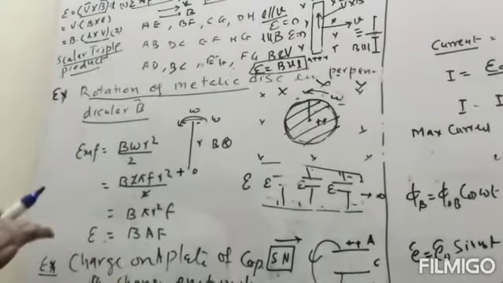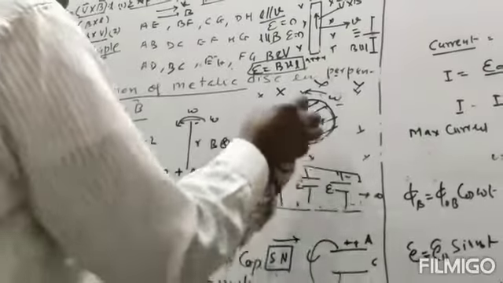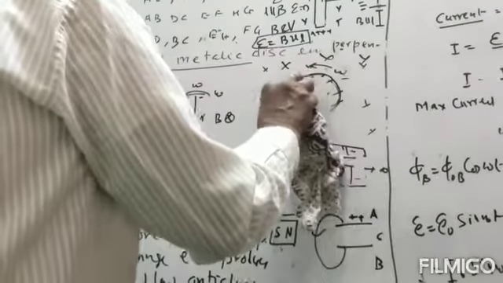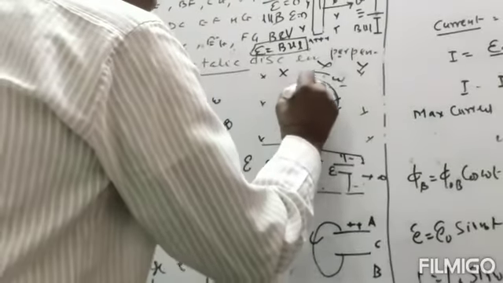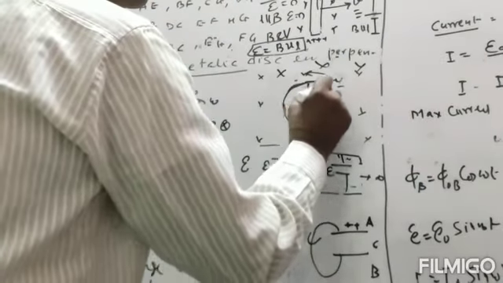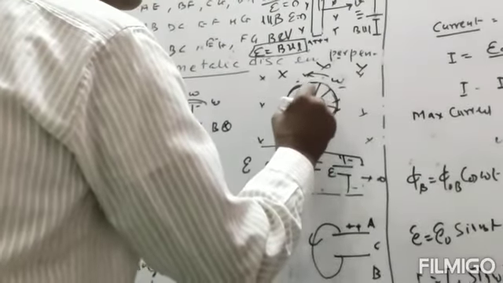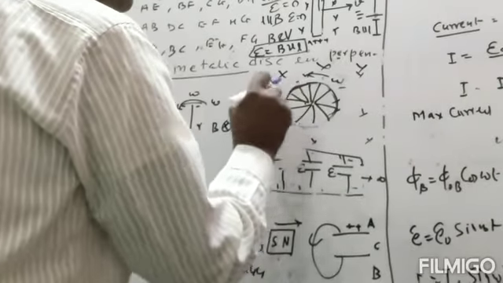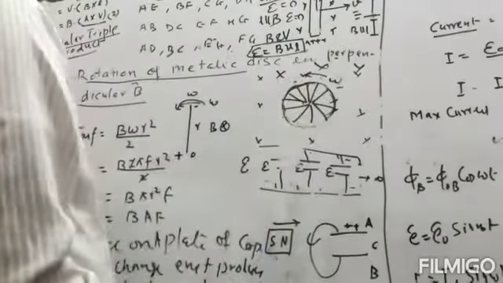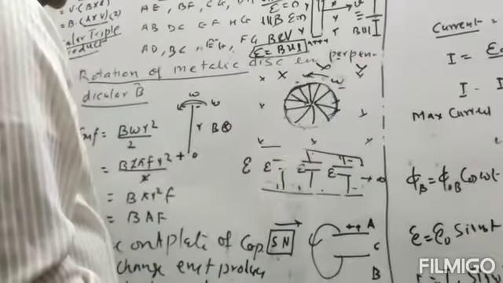So how can we solve it? We can consider that disc as a large number of wires. They are of equal length because their length is equal to the radius.